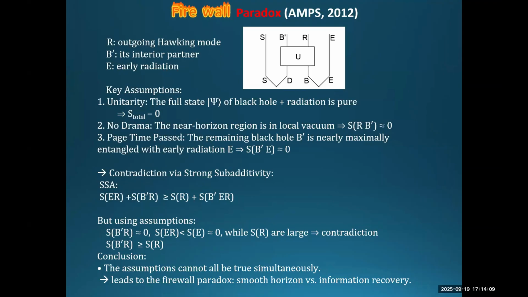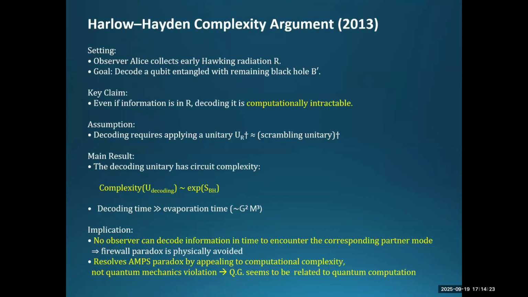To check this inequality, you need to extract entanglement from the radiation. So you need a quantum computer, kind of. But they argue that even if the information is in the late radiation, decoding it using a quantum computer is computationally intractable. It takes exponential time.